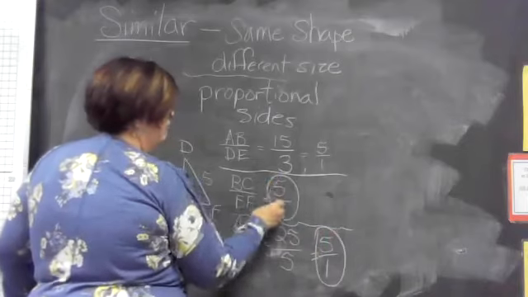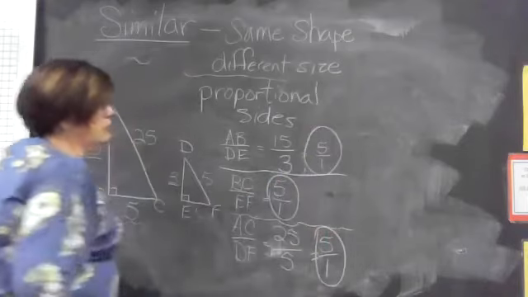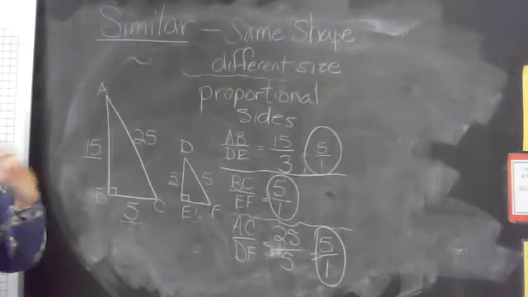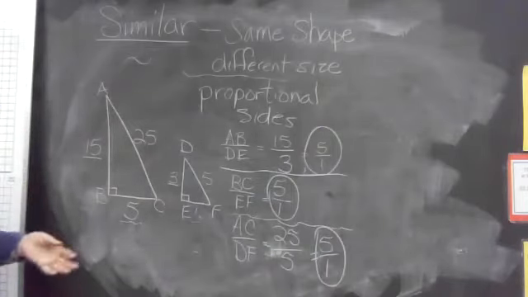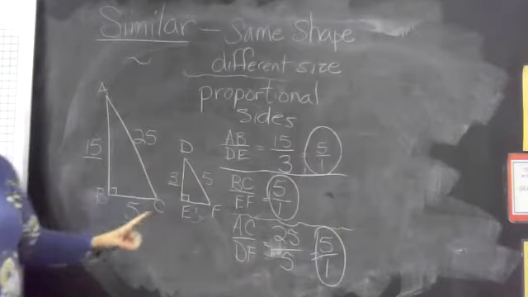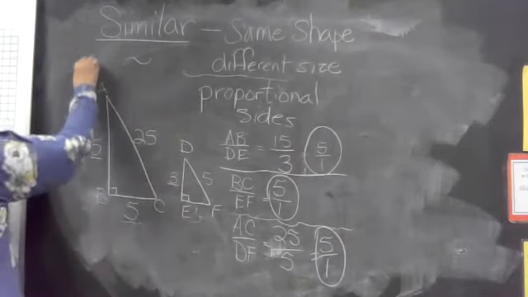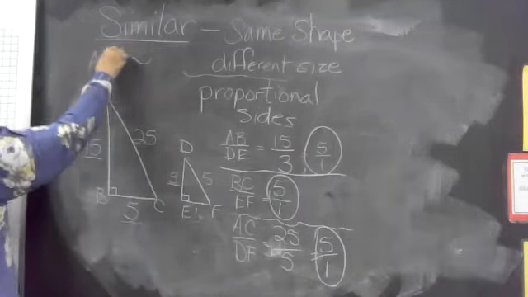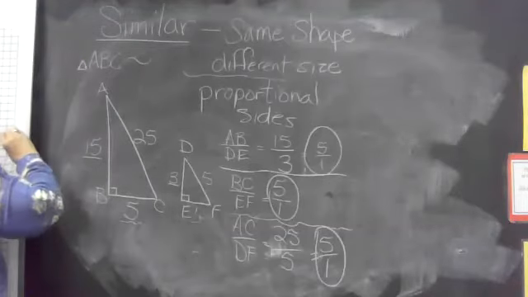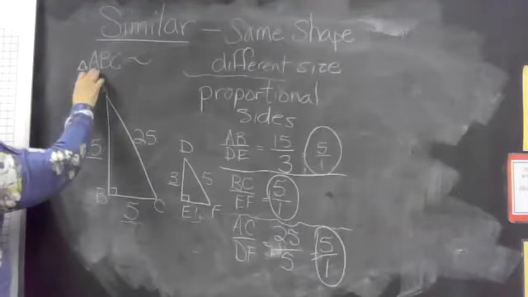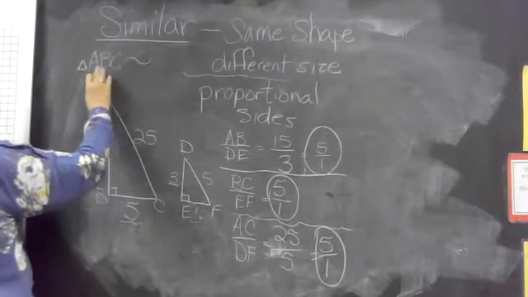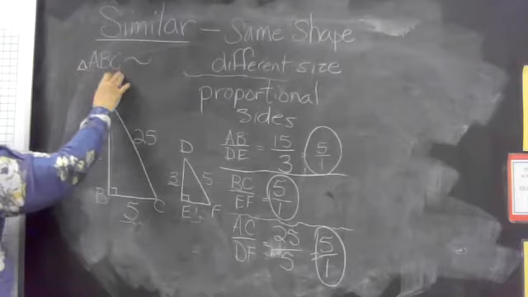If the simplified fraction between the corresponding sides is equal on all 3 sides, it has to be all 3, then these are indeed similar triangles. The way you would write that is triangle ABC, and this is how we indicate it. And remember, if I named it this way, similar to, I have to use the same order.